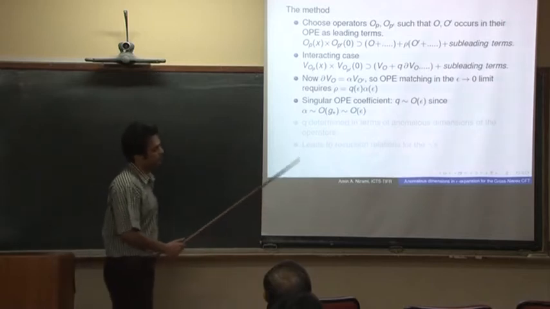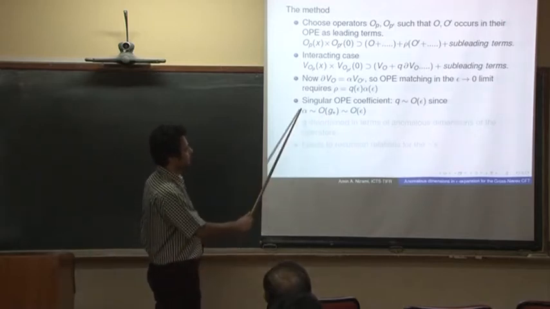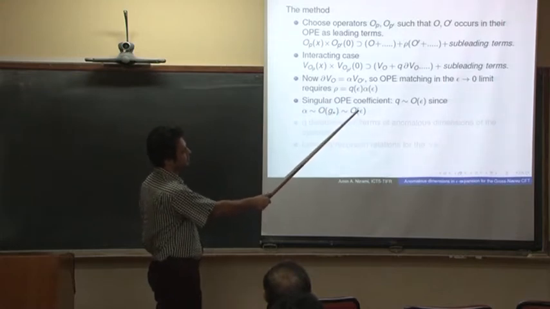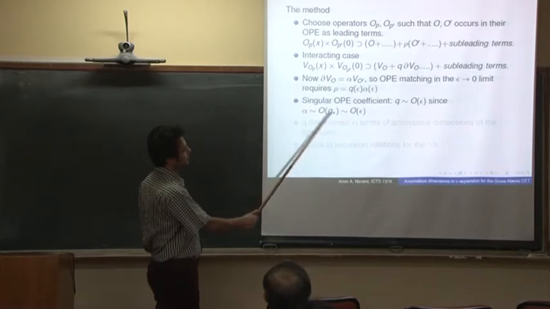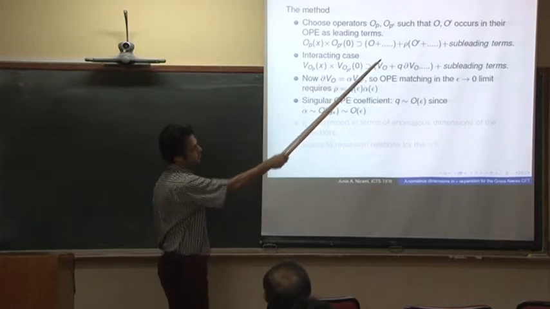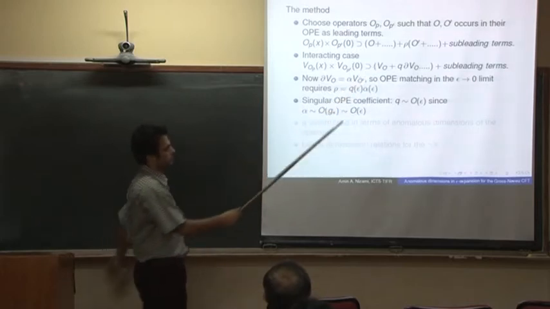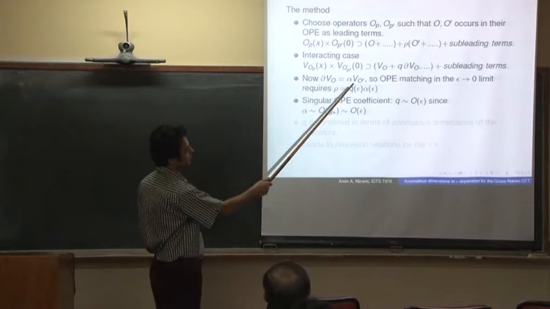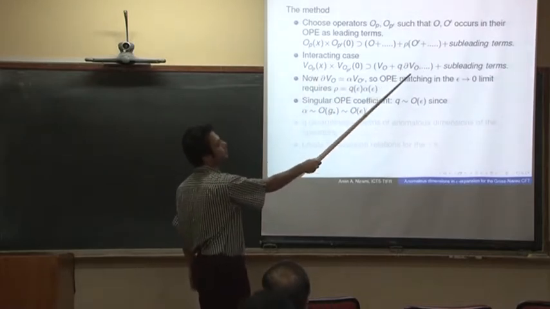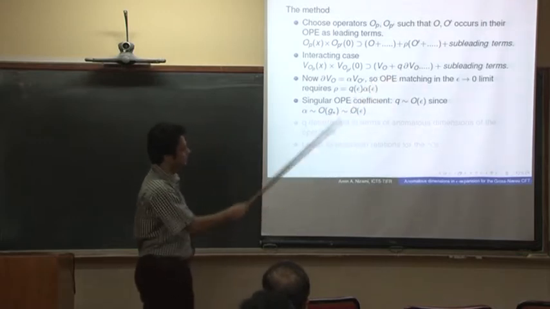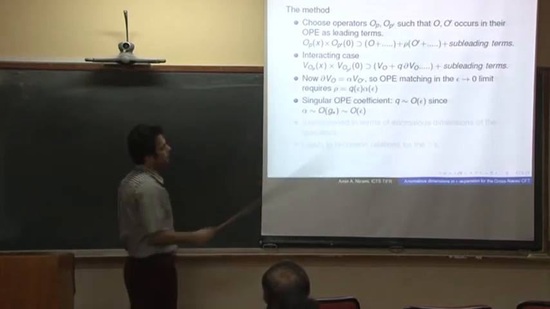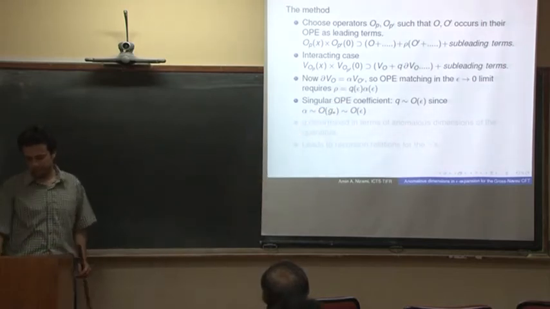The multiplet recombination equation really follows from the equation of motion, and there alpha is something proportional to g star, which is order epsilon. Because alpha is an order epsilon quantity, and rho is just the free theory OPE coefficient, which you determine by doing contractions, so it's just some number, therefore in the interacting OPE the coefficient of this subleading term will have a singularity. It will have at least a first order pole. We'll see explicitly how that happens.